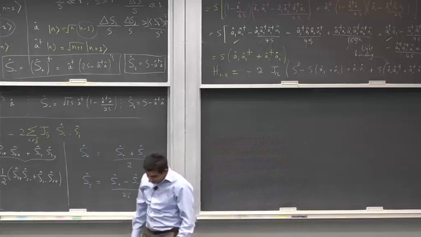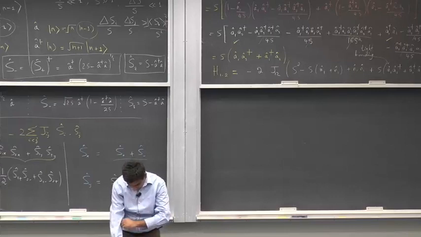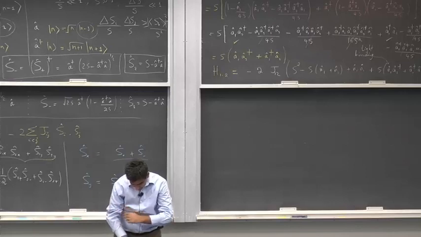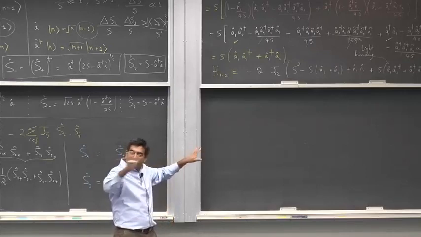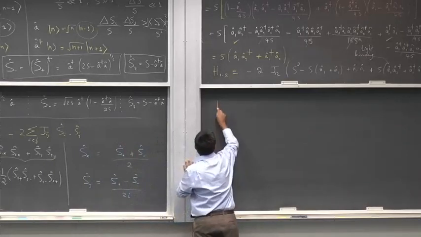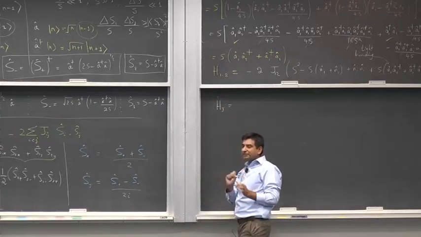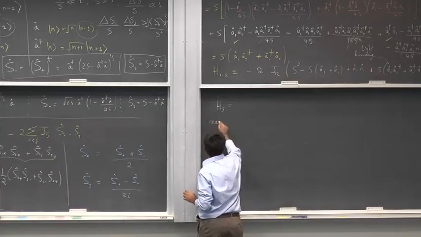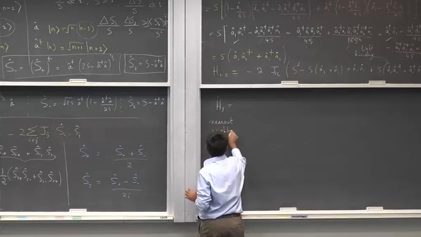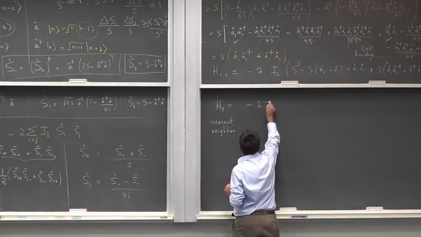Now what would we like to do? Now let's write down the Hamiltonian for all the spins, for the entire system. That Hamiltonian H, and we suppose that all the J's are the same and there are only nearest neighbor interactions. So I add minus 2J.